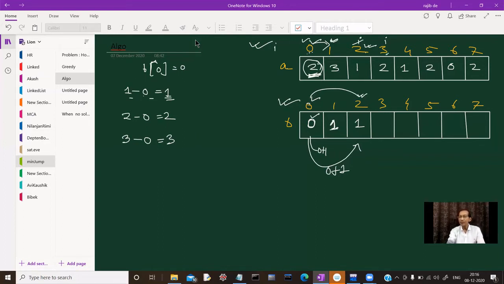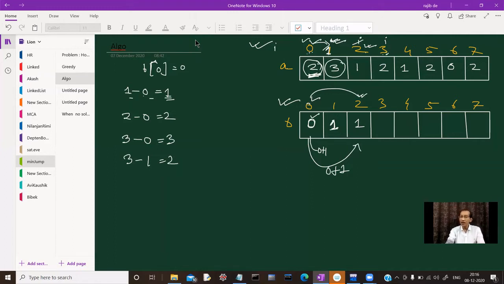So you have to try the next index, that is index 1. If you start from index 1 and reach 3, how many jumps do you require? 3 minus 1, you require 2 jumps. And your A1 tells that you can make 3 jumps. So it is possible to reach 3 starting from 1.